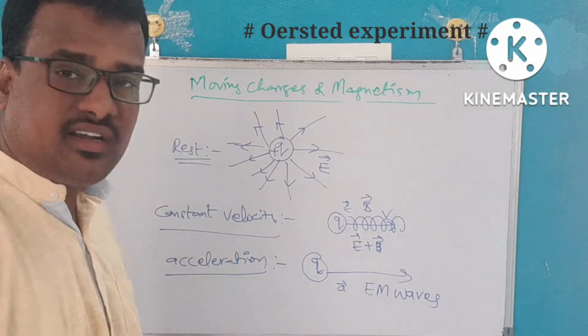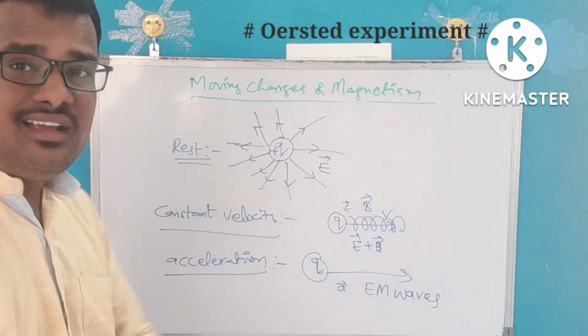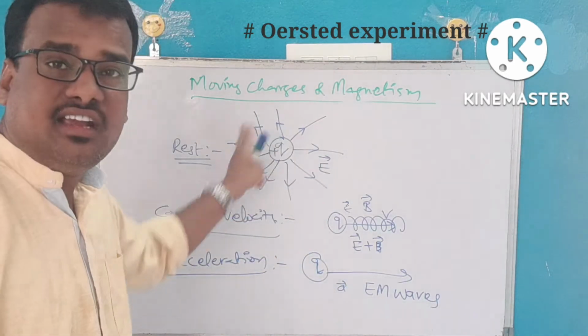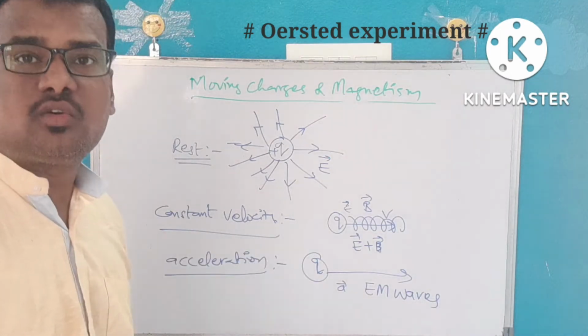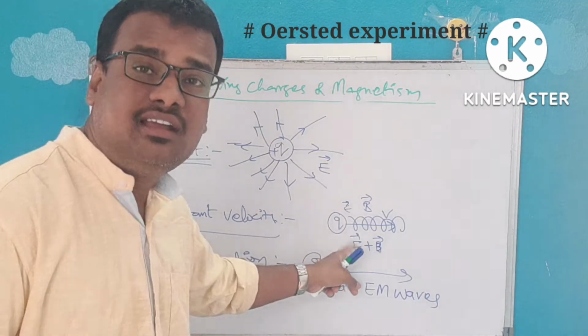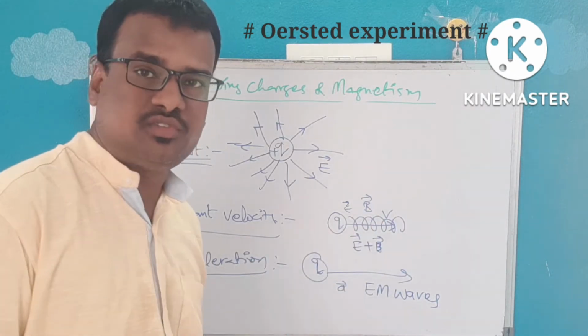The first point is, if the charged particle is at rest, only an electric field is generated everywhere in its surroundings. If the charged particle moves with constant velocity, then in addition to the electric field, a magnetic field is also generated.